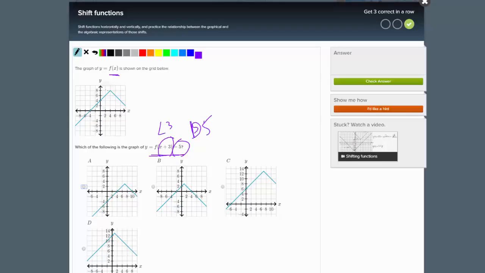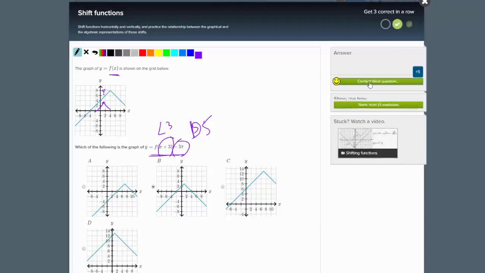So 1, 2, 3, down 5. 1, 2, 3, 4, 5. Right here should be the vertex at 1, 3. So it looks like it should be B.